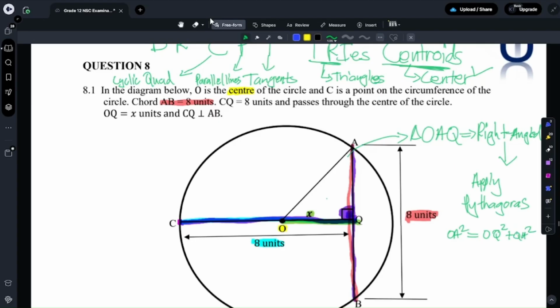So you've got OA squared is equal to OQ squared plus QA squared.